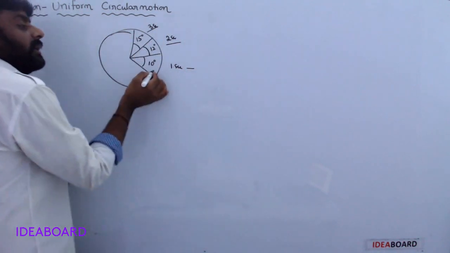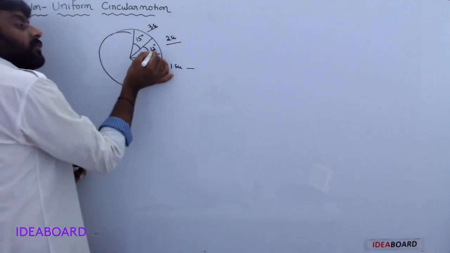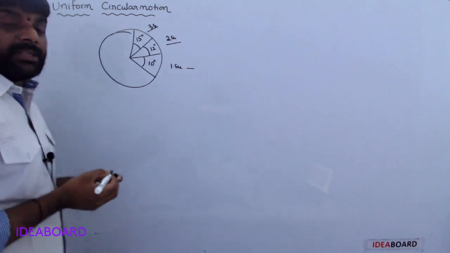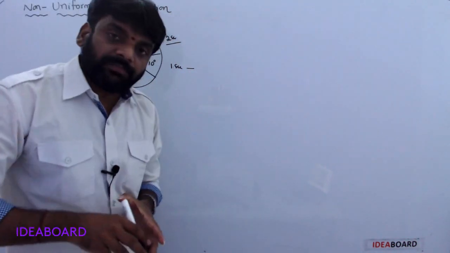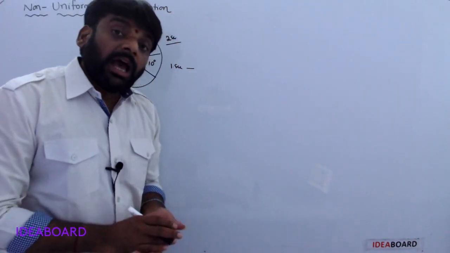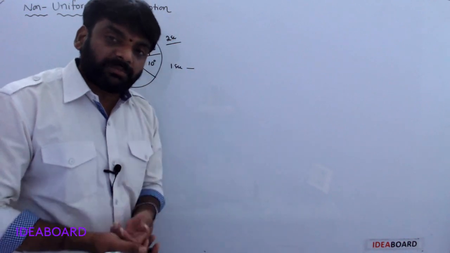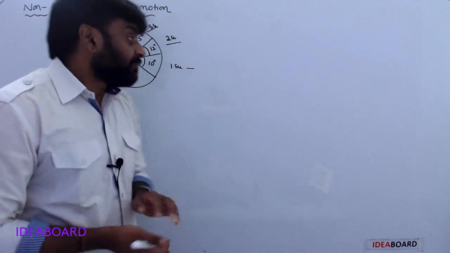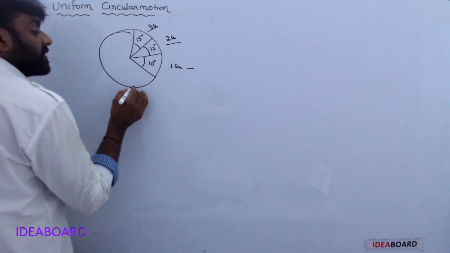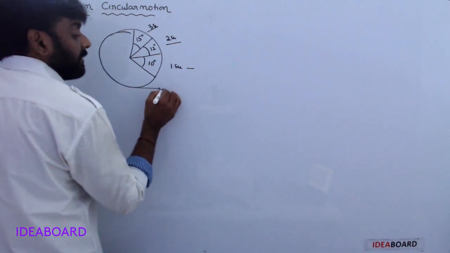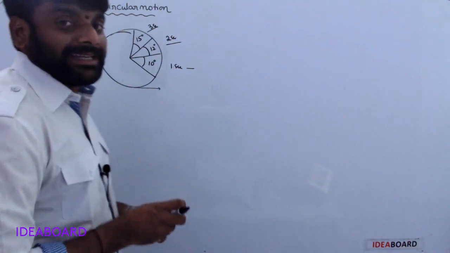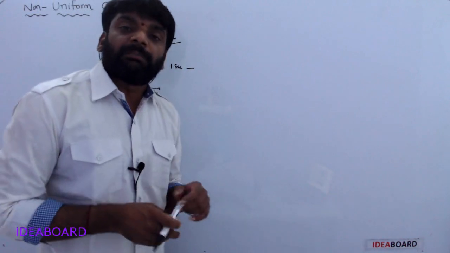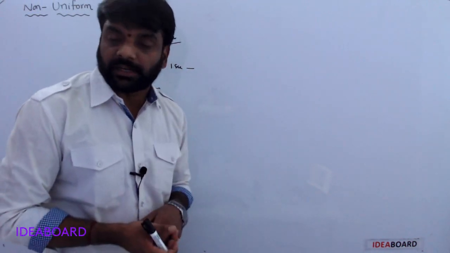So here 10, 12, 15, that means in equal intervals of time, unequal angular displacement, or the particle's speed and direction both change. That motion of the particle is called non-uniform circular motion.